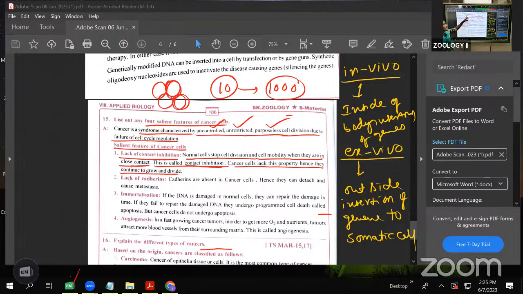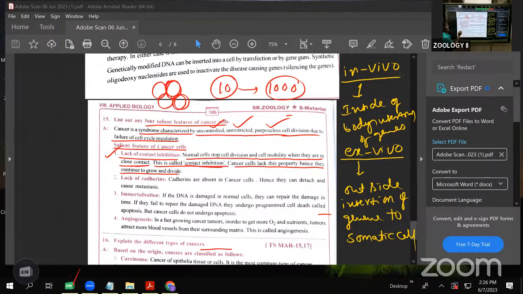The cells in normal tissue are arranged compactly, so there is no chance to divide. If that is loose in cancer cells, they can easily divide, make a number of cells and form tumors. This is one property, lack of contact inhibition. Contact inhibition means closeness of the cells.